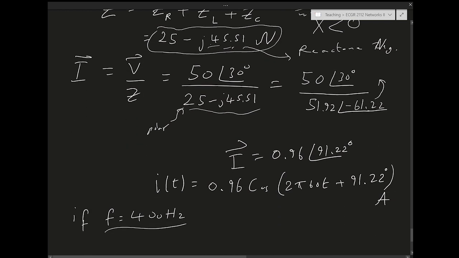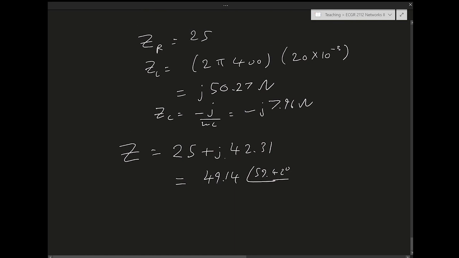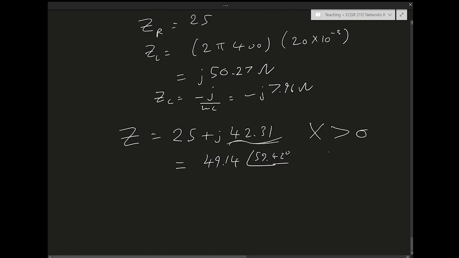But if we change the frequency, the characteristic of the circuit changes, meaning now that the reactance is positive, X is larger than 0. When does X typically have a reactance larger than 0? When the circuit is behaving like an inductor, meaning when the reactance is inductive.